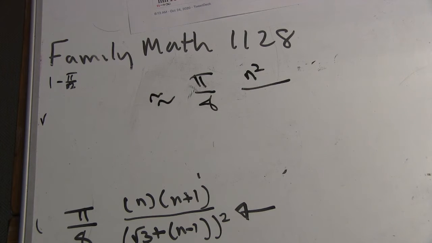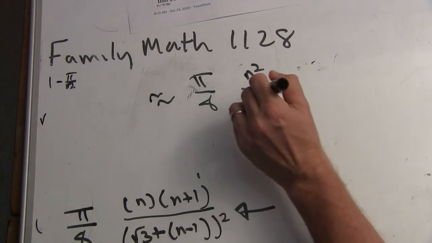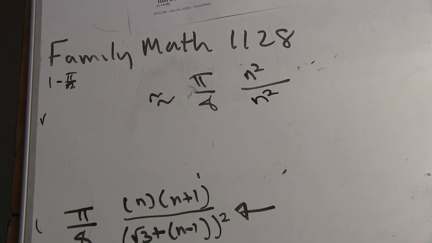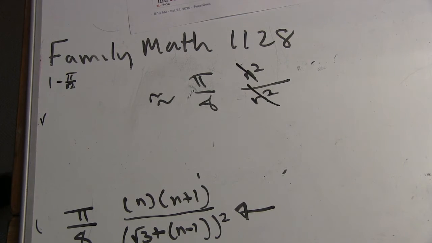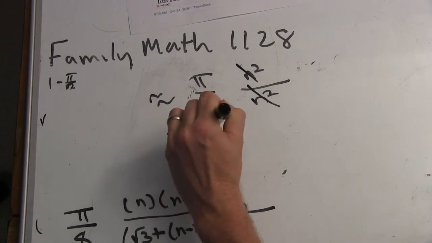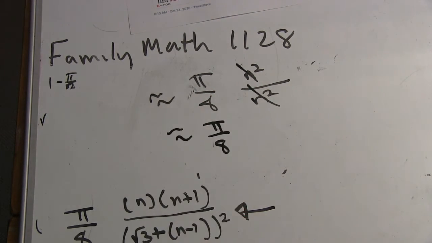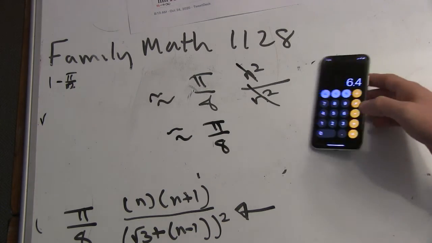Well, the root 3 won't really matter, and this will just become n squared. So that'll just become 1. It looks like this will become pi over 8 as n gets very large.